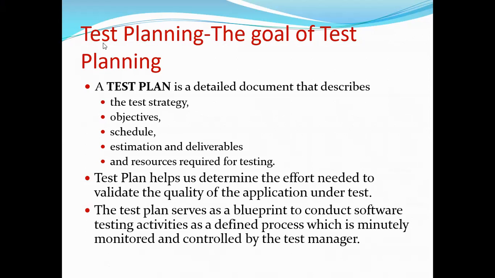Then next is the objective. The objective of your test plan is what you are going to achieve by using this particular test plan. Achieving means your product should be absolutely bug free. Whatever defects you have found, all of them should be fixed.